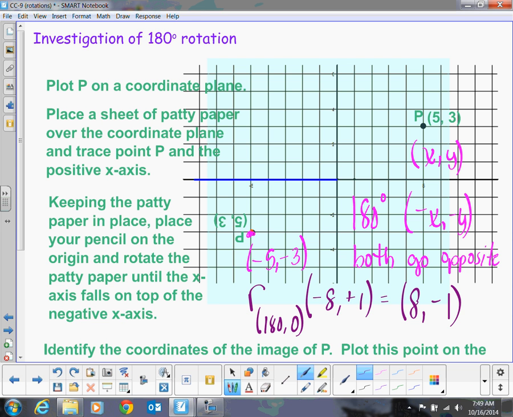All right, so I want you to make sure that these negative signs actually mean opposite. Okay, these mean opposite. You need these rules for tonight.